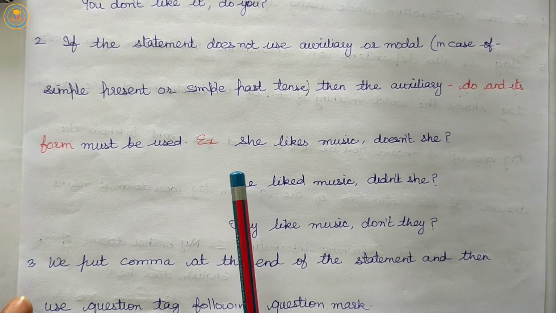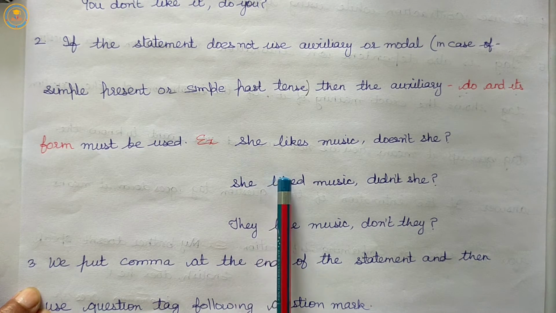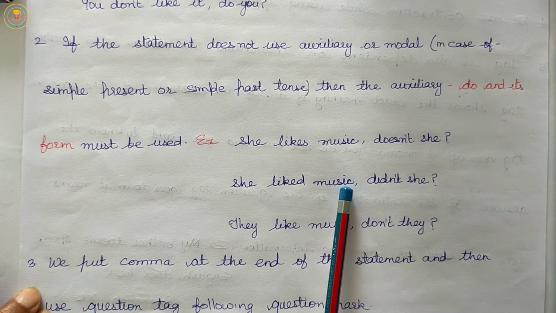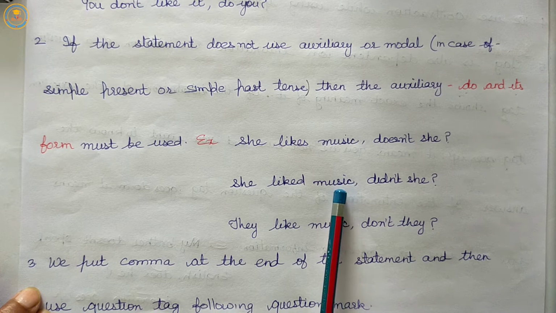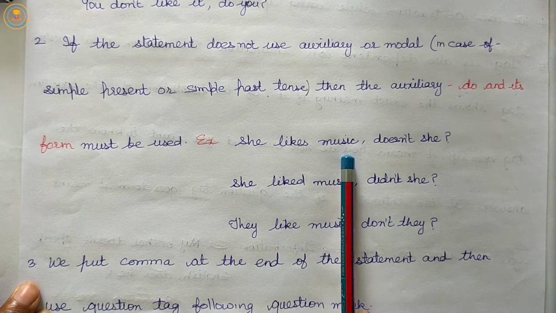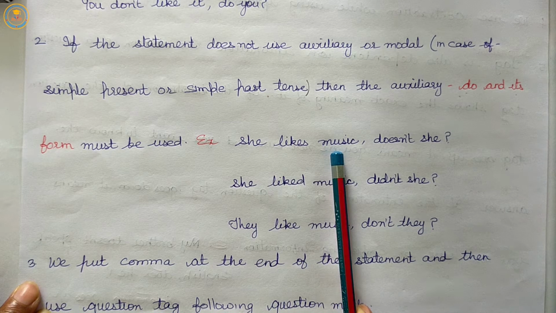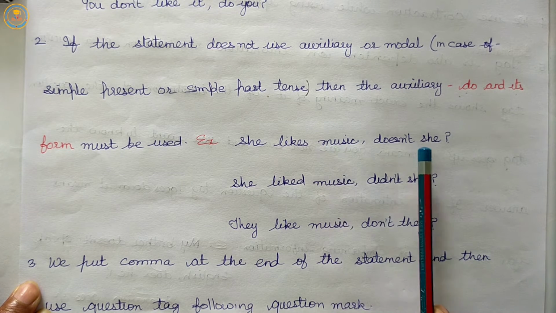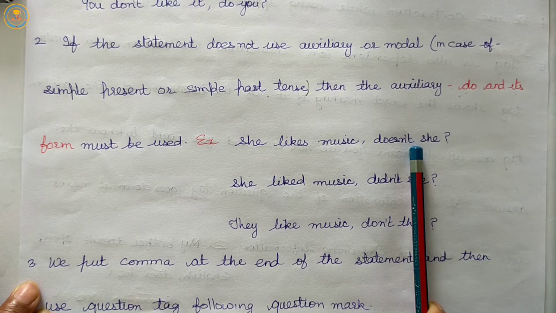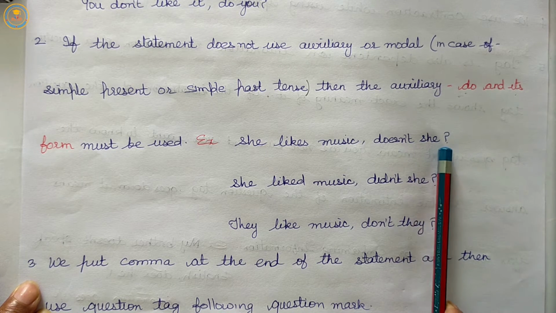Whenever we use question tags, the rule is that we will put a comma after the statement, whether it is positive or negative. Then we will write the question tag. Then after that we will put a question mark.